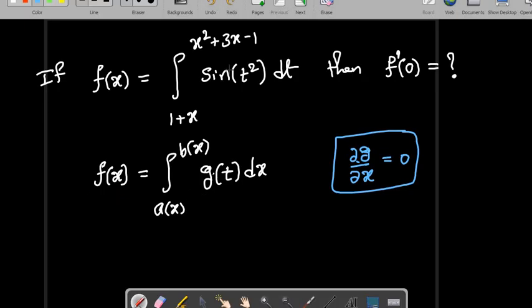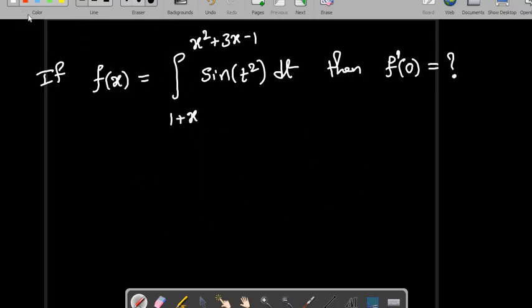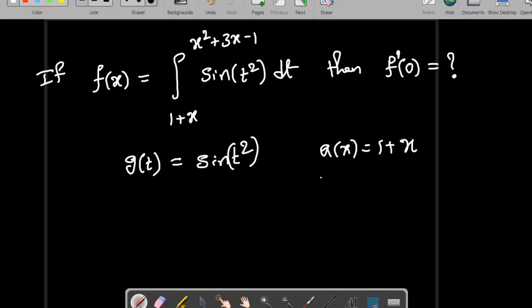So now let us identify what g of t is here. In this case g of t would be sine of t square, and a of x, which is the lower limit, is 1 plus x, and b of x, which is the upper limit, is x square plus 3x minus 1.